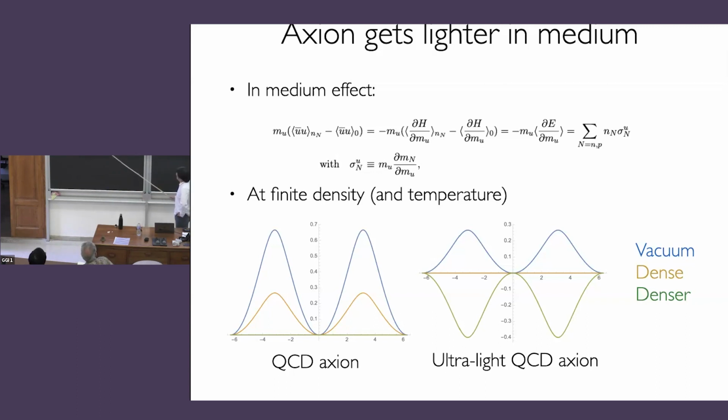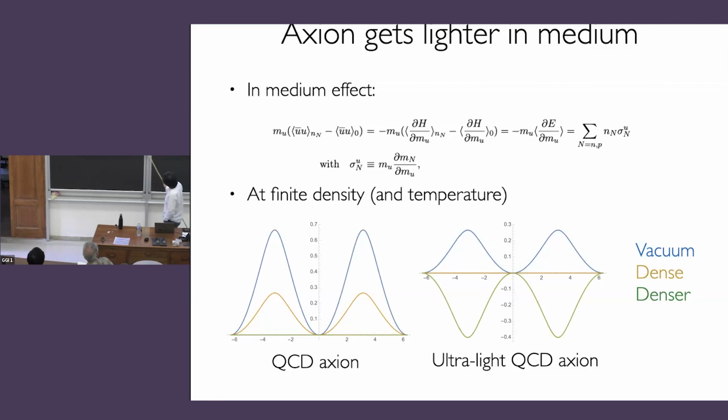And here is the consequence. For a QCD axion, as you increase the density, making it denser and denser, the potential will get smaller and smaller. At infinite density, you recover basically a flat potential for the QCD axion. However, if you are living to the left of the QCD axion line, as you are increasing the density, the potential was already smaller.